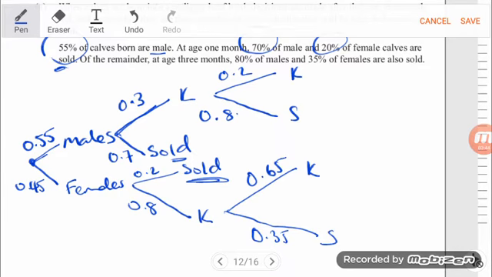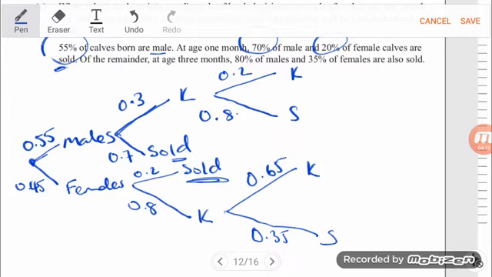Okay, now we can make our lives a little easier, and let's just find the proportions of these results here. Remember, if we're going along the branches, we've got to multiply. If we're going up and down, or across branches, we need to add them together. We've got 0.55 times 0.7.